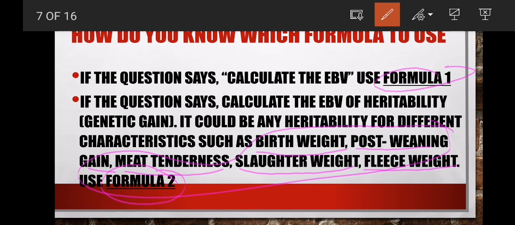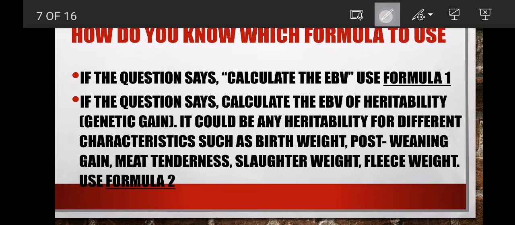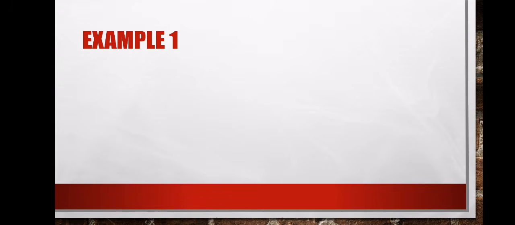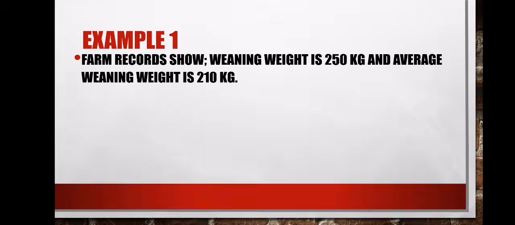For us to get it nicely, let us have a few examples, and make sure that you follow each and every argument here. Let us have example number 1. You will get a statement.